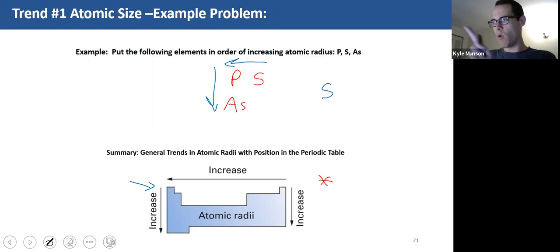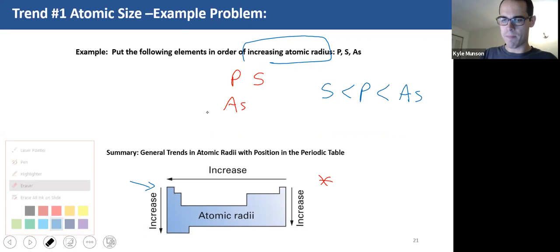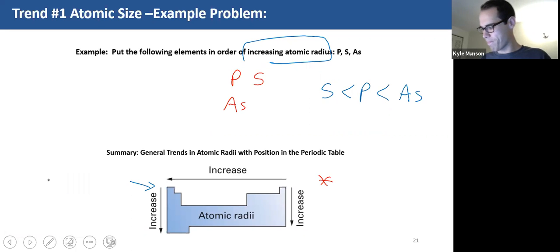It's most in the top right corner, followed by phosphorus, and then arsenic is going to be the biggest. Okay, so this is an increasing atomic radius. Okay, so hopefully that made sense. And there's plenty more examples in the homework. So I'm just going to erase that for now. Okay, so let's keep going.